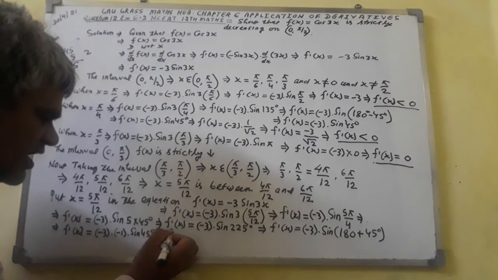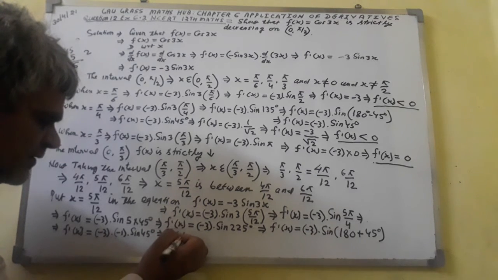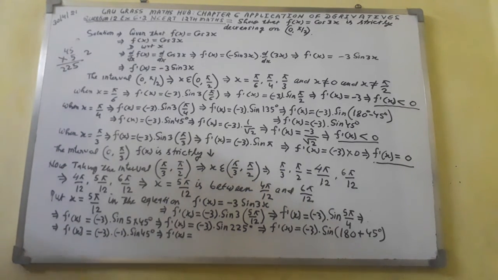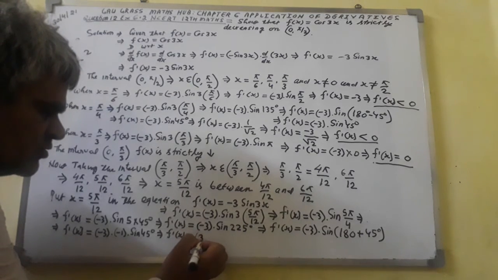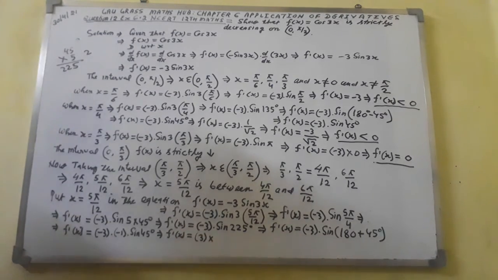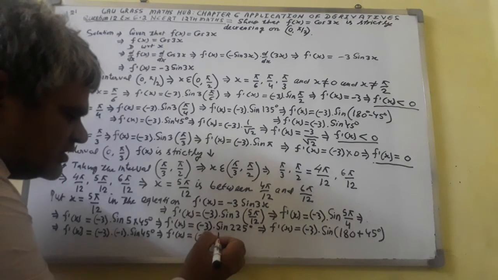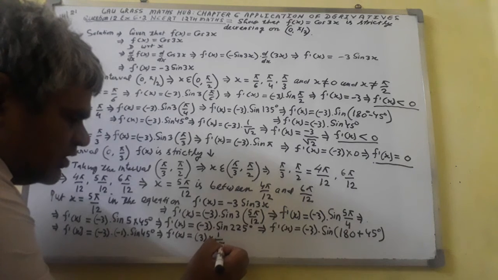You will get here f dash of x, minus 3 will multiply by minus 1 comes out to be 3 into sine 45 degree.